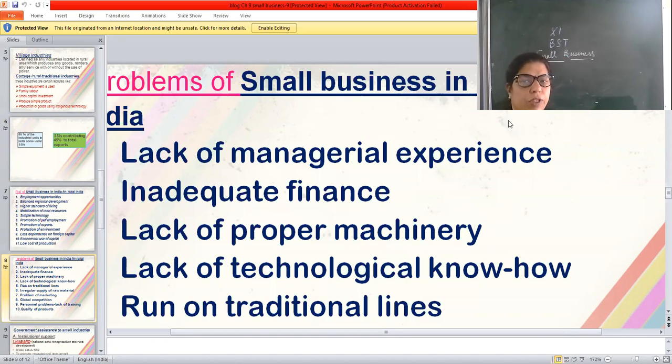So generally they face the problem of finance, they have fewer sources of funds. Even own fund and borrowed fund, they have less. Own fund they have less, that's why they are working on small scale.